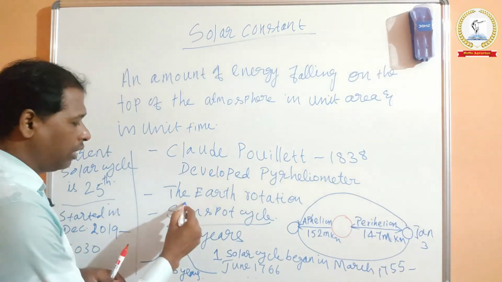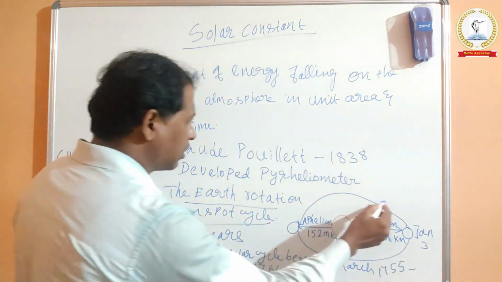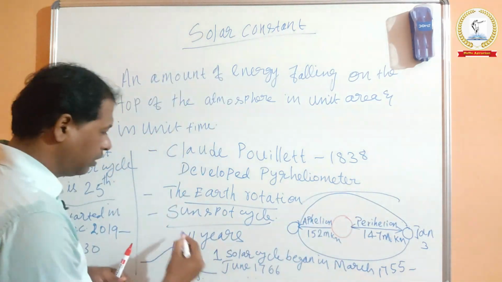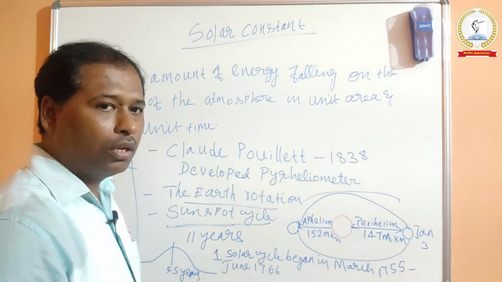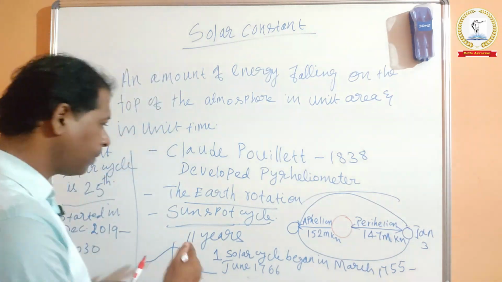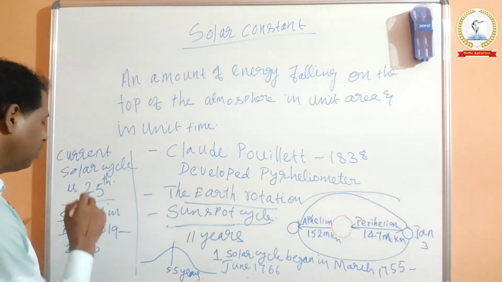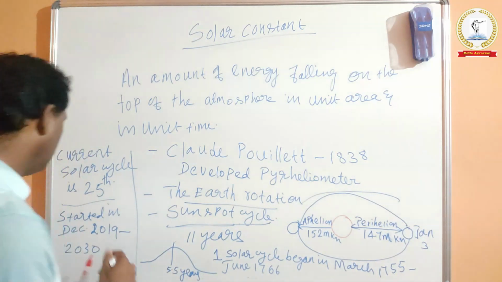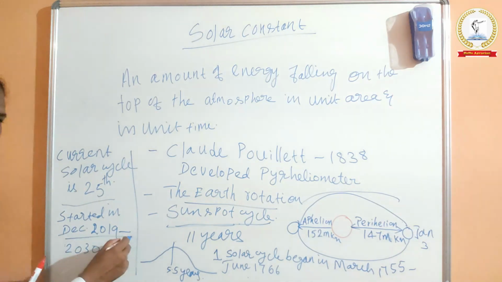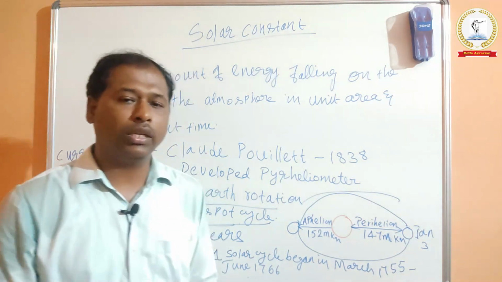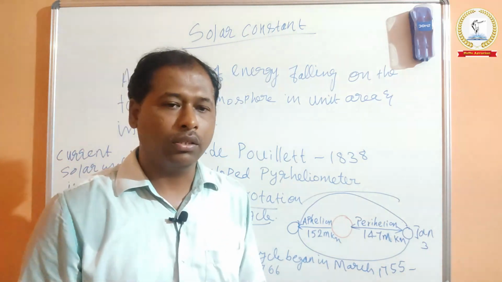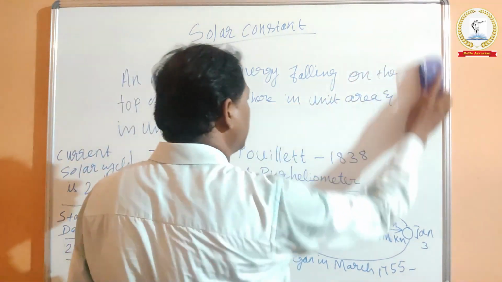One is the earth rotation, that we discussed over here, and the second one is sunspot cycle. The sunspot cycle occurs once in 11 years. Currently we are in the 25th solar cycle. It started in December 2019 and it is estimated to end in 2030.